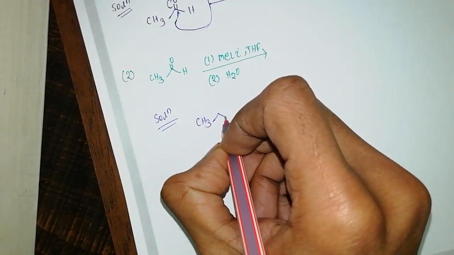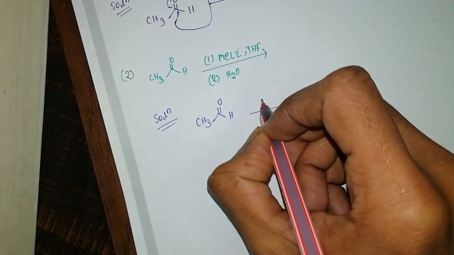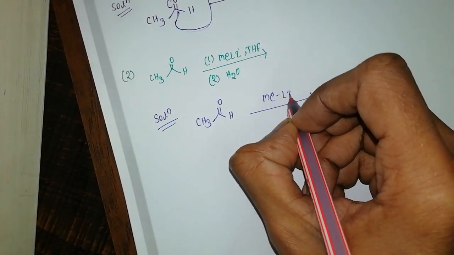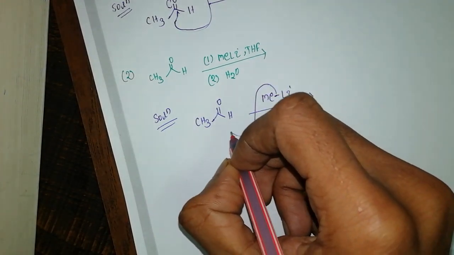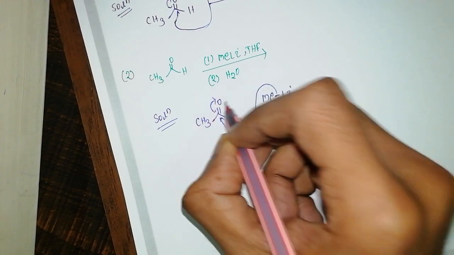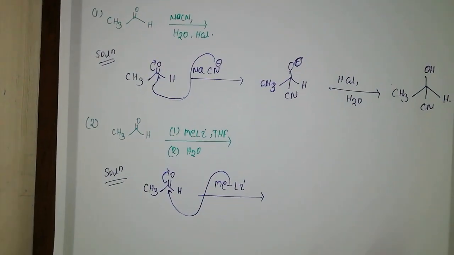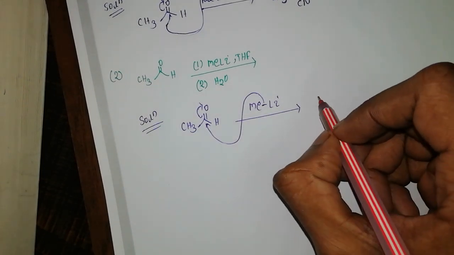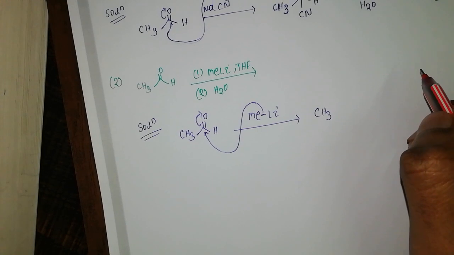Then here we have this, which reacts with methyl lithium, that is an organometallic compound. So what will happen, this bond will react with this, like the above reaction, and then a tetrahedral intermediate will be formed.